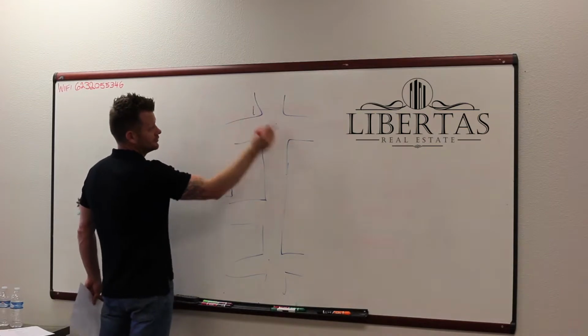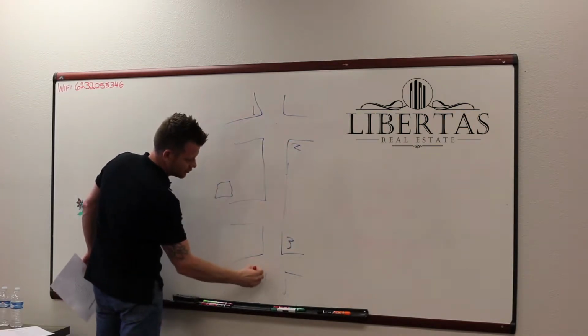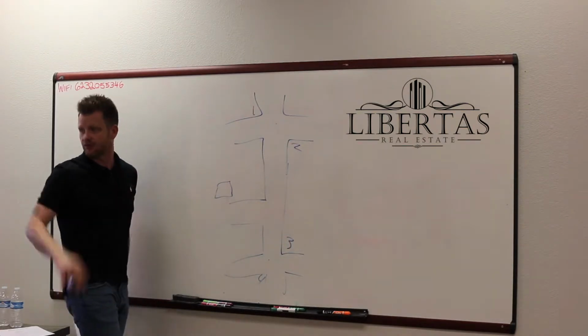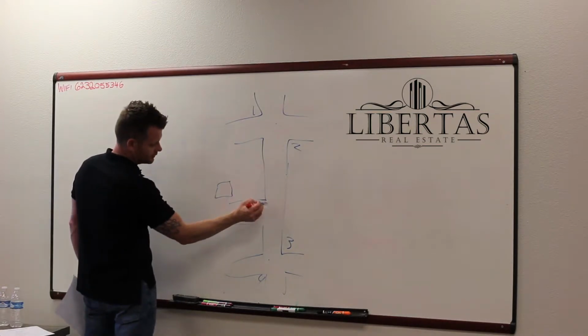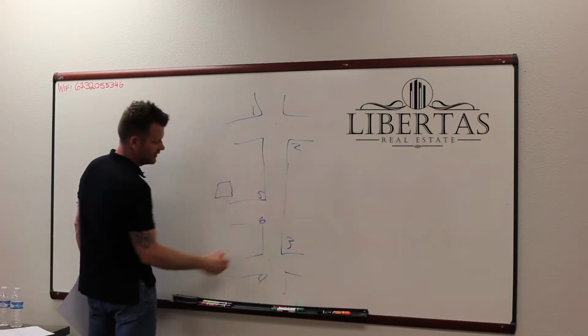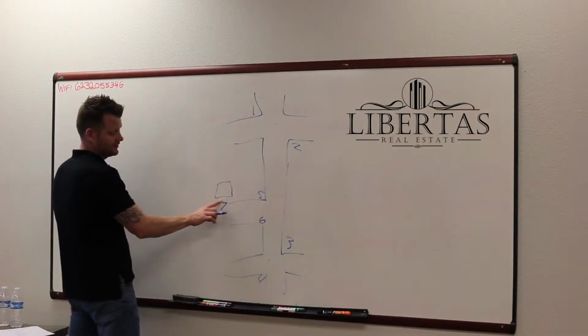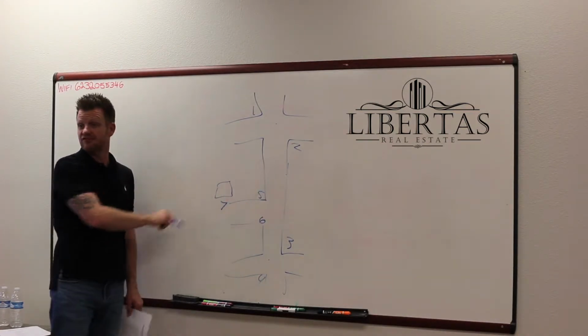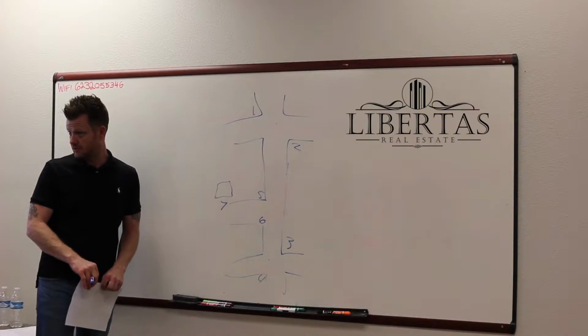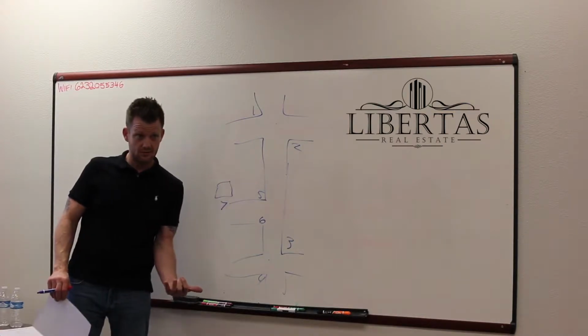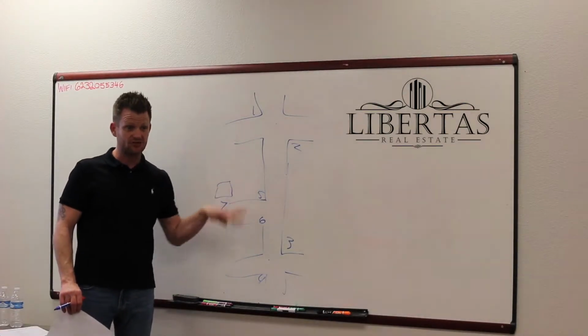So you'd want two signs here, whatever corners you think is going to have the most amount of traffic. Two here, and then you definitely want one in front of the house. So if there was no turns to get to this property, you're looking at a minimum of 7 signs. The more the better. Don't be cheap or skimpy with your signs.